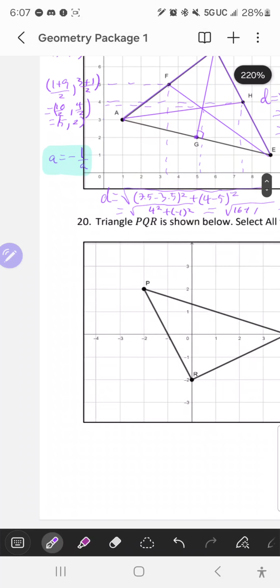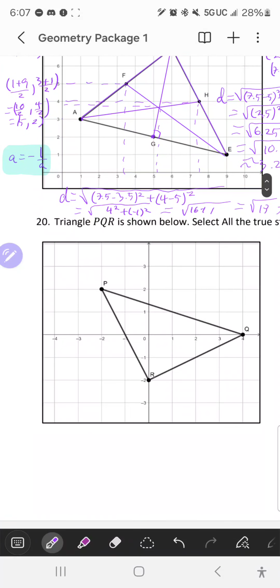So, as you remember, this formula is very important. Distance is equal to the square root of (x1 minus x2, or x2 minus x1) squared, plus (y2 minus y1) squared.